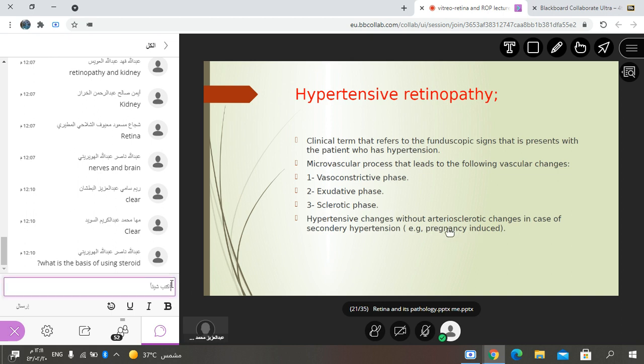What is the condition if the patient is having pregnancy and hypertension? Excellent. So preeclampsia and eclampsia, it's a very important condition that results in a severe hypertensive retinopathy.